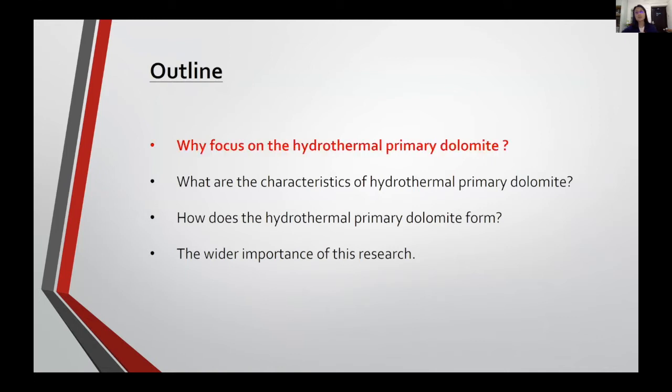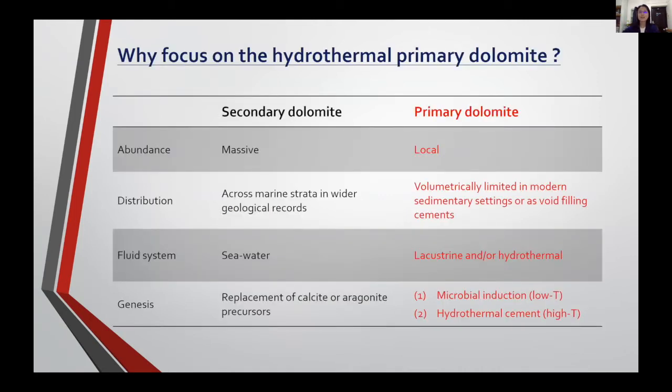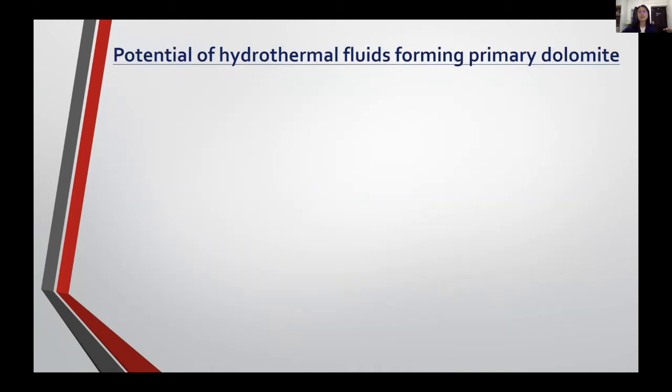The first question is why focus on hydrothermal primary dolomite? Genetically, natural dolomite can be divided into two families, primary and secondary. Most dolomites throughout the geological record are thought to be secondary. In contrast, primary dolomite is restricted to modern hypersaline environments, and most of it is thought to be formed by microbial induction.